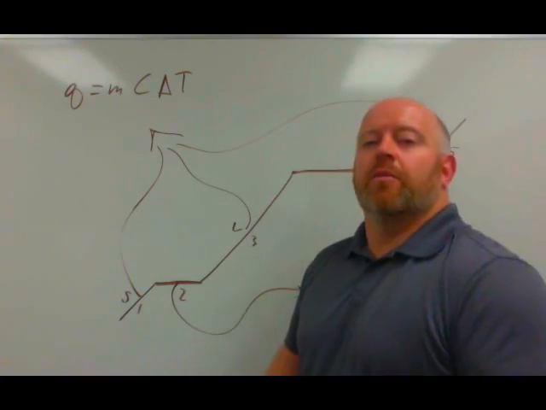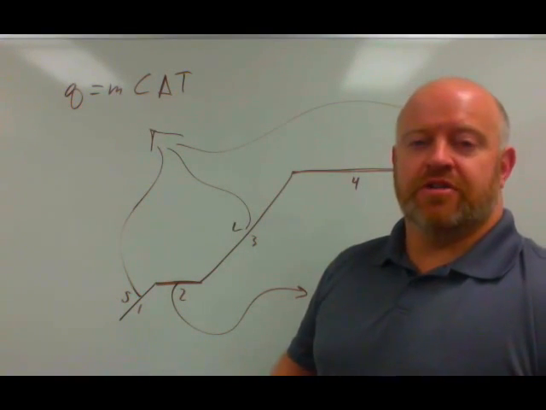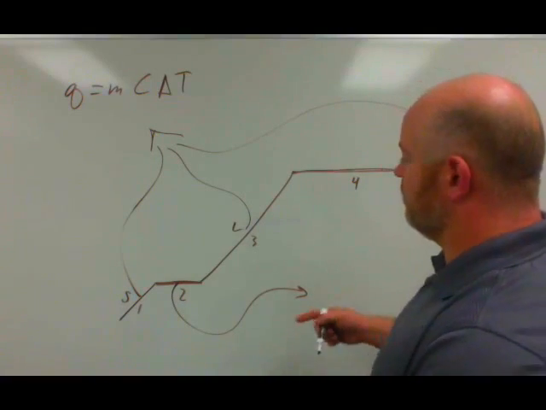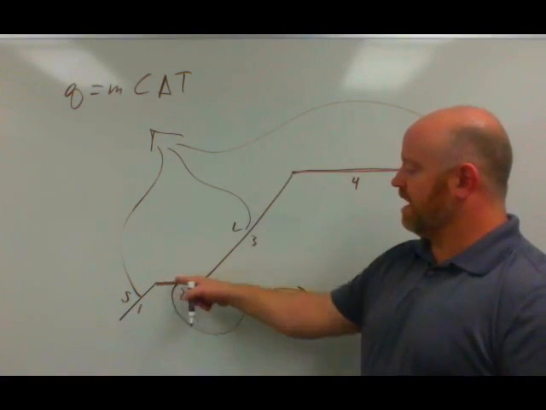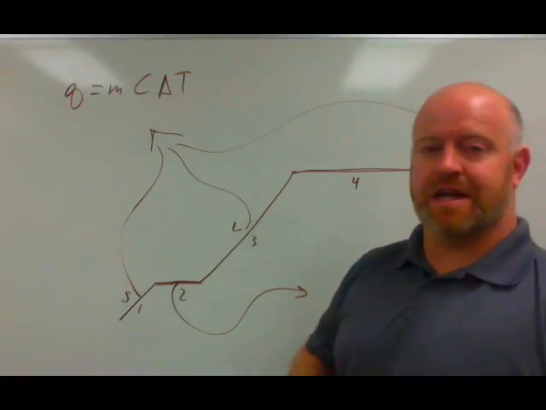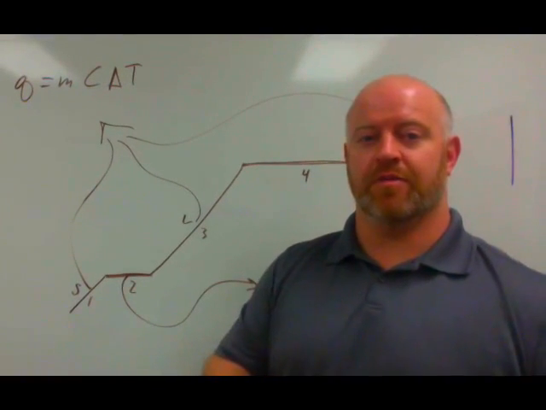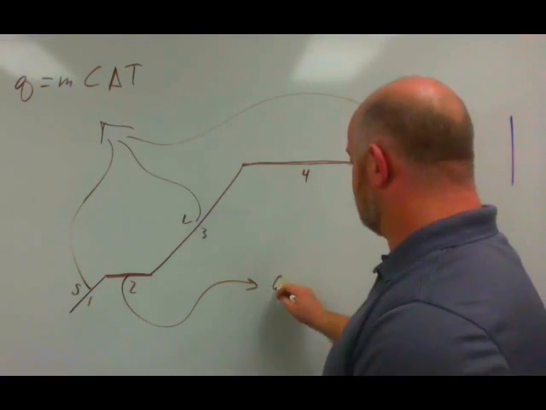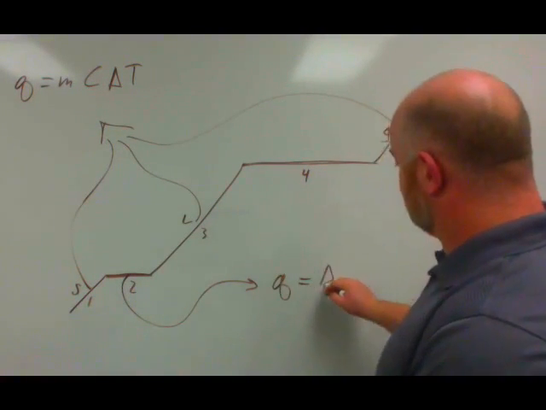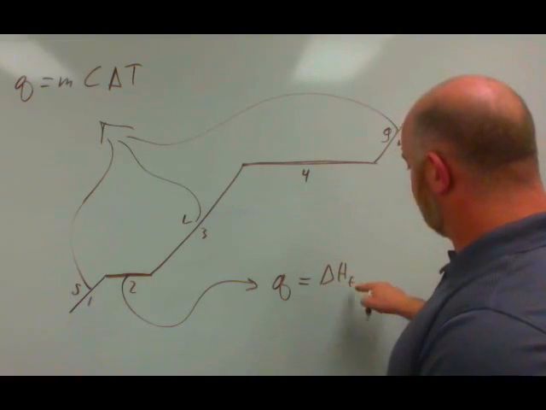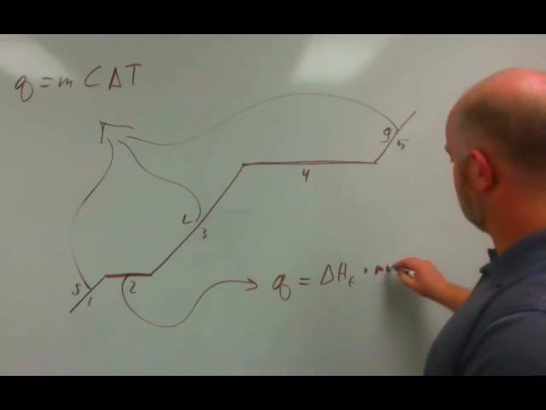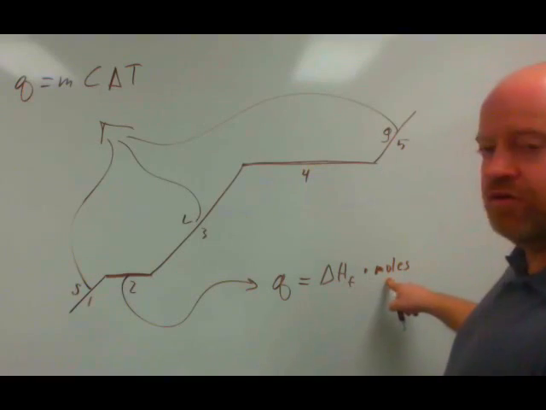Basically, we had to use the enthalpy change during that process. So at line 2, when we're converting from a solid to a liquid or a liquid to a solid, either melting or freezing, we say that the energy change is equal to the change in enthalpy of fusion times the number of moles we have.